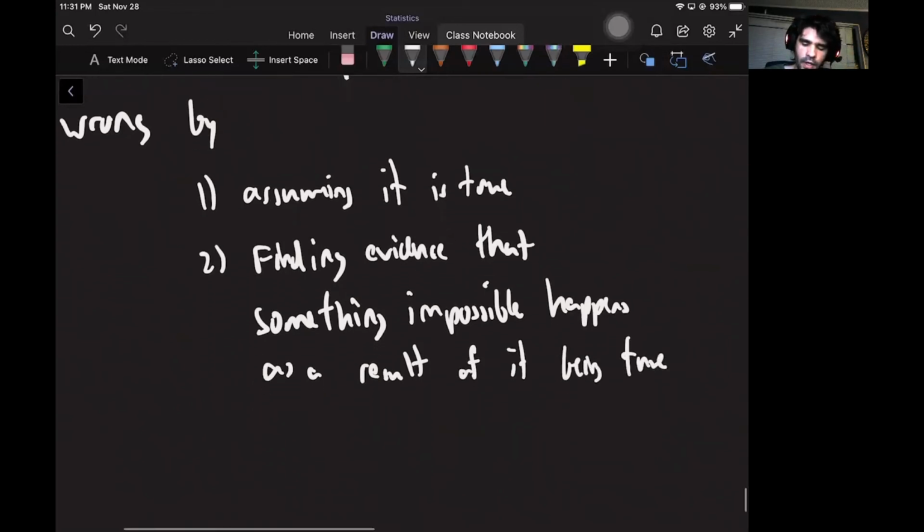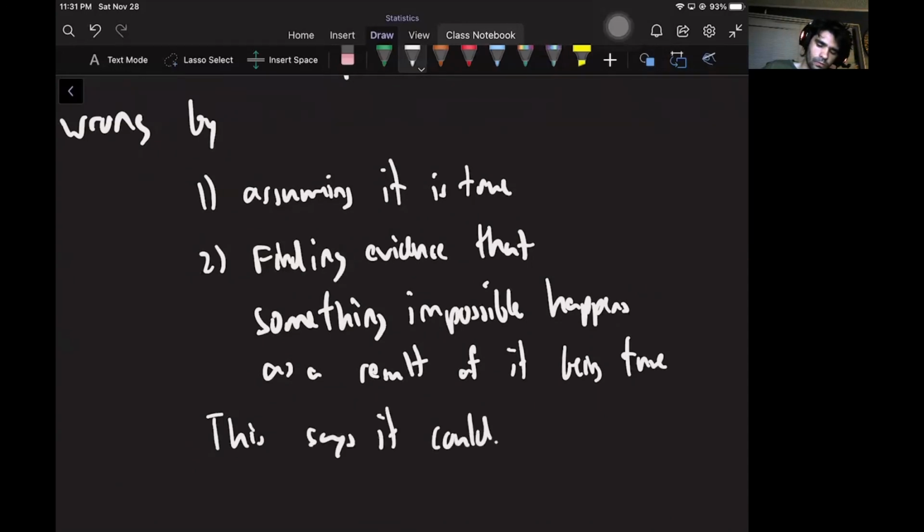And then together, this means, well, it couldn't possibly be true. And that's really the idea, the mathy idea behind how these things work.